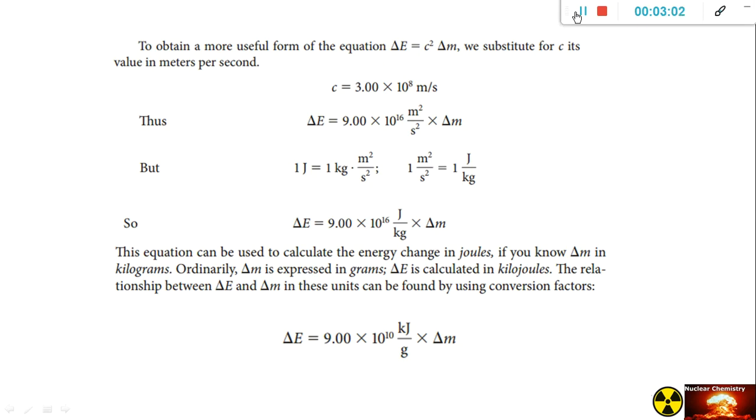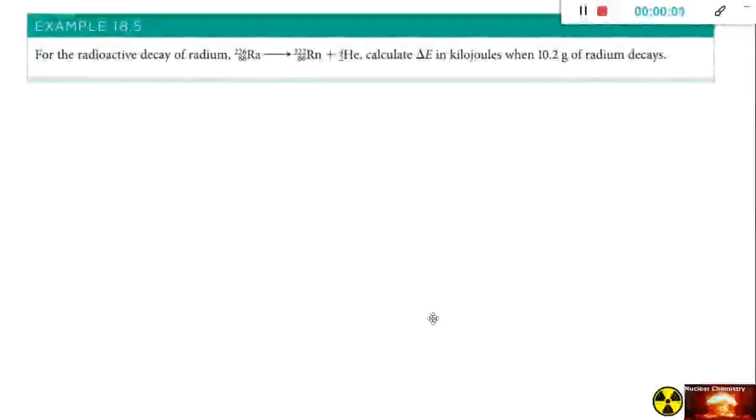Here is an example from the radioactive decay of radium-226 with alpha emission. It produces radon-222. Calculate the delta E in kilojoules when 10.2 grams of radium decays.